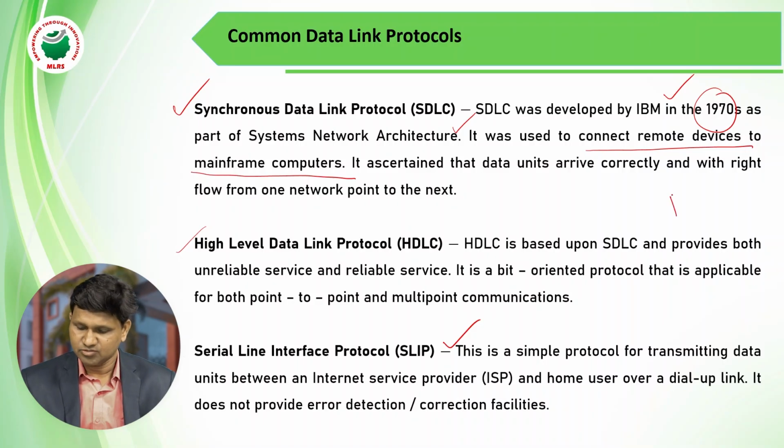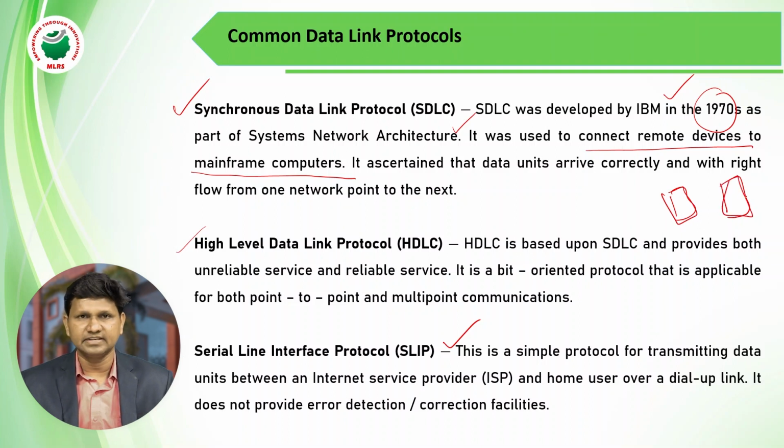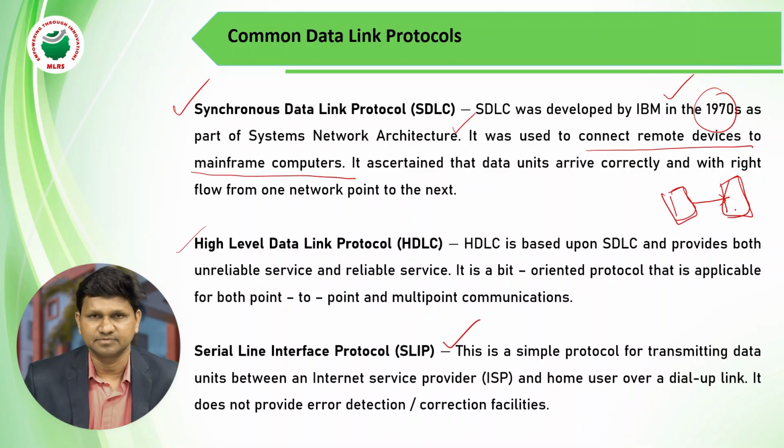Suppose I have a source and a receiver, or else source and destination. In between, if you want to send a message from source to destination, obviously there must be one data connection, or else one medium, either wire or wireless.